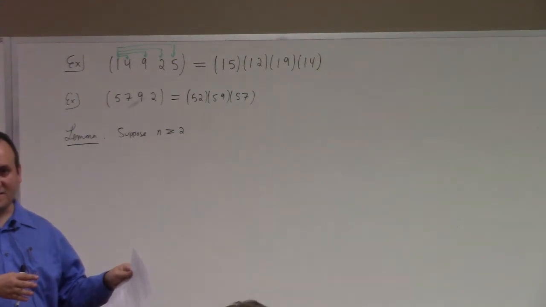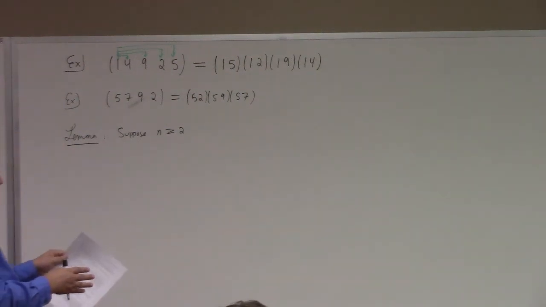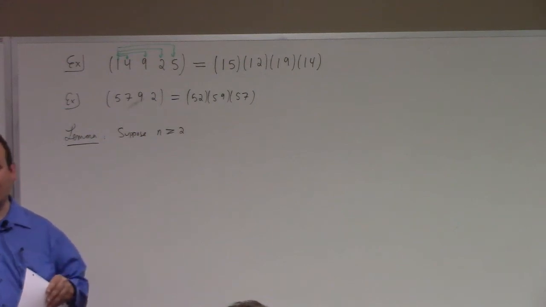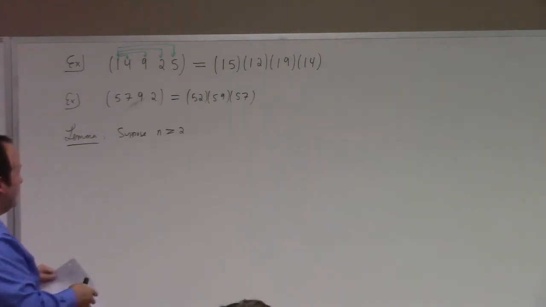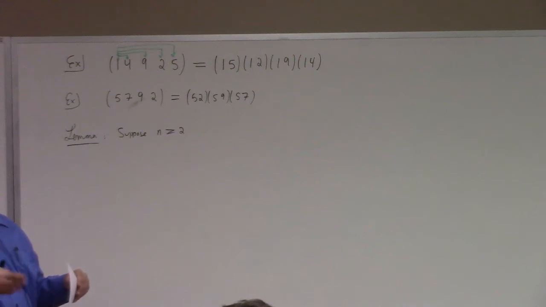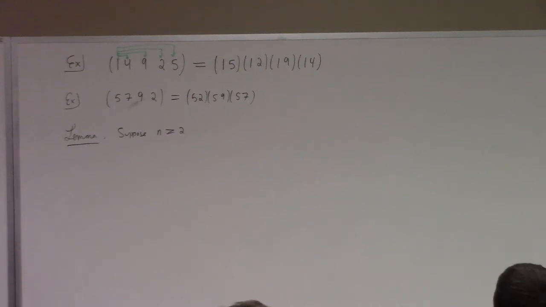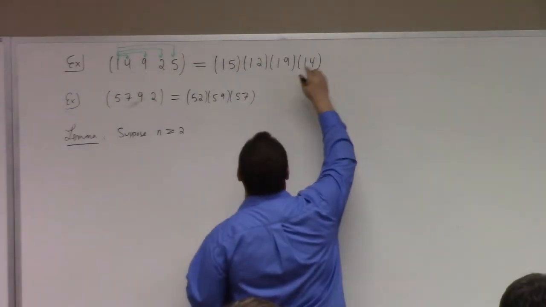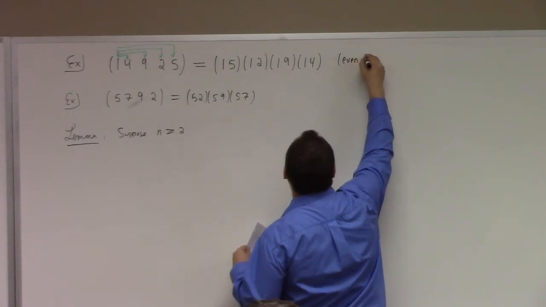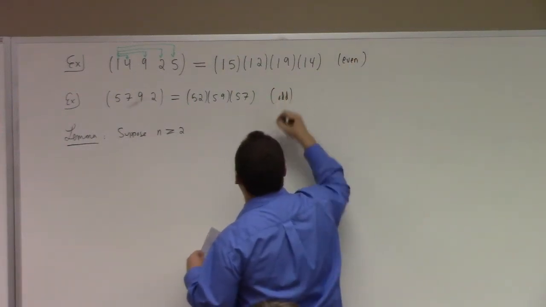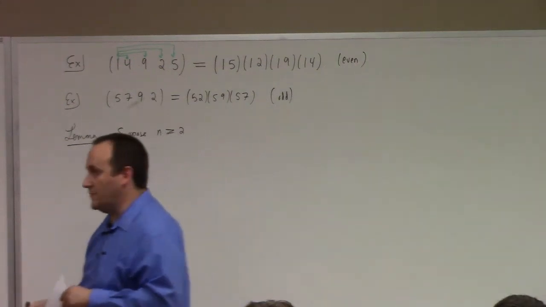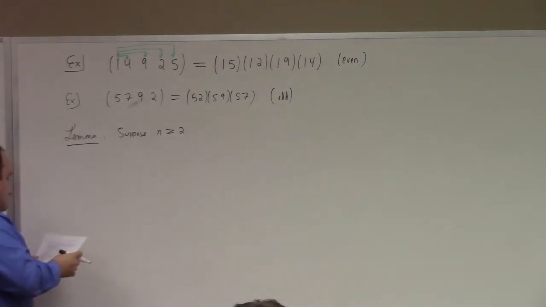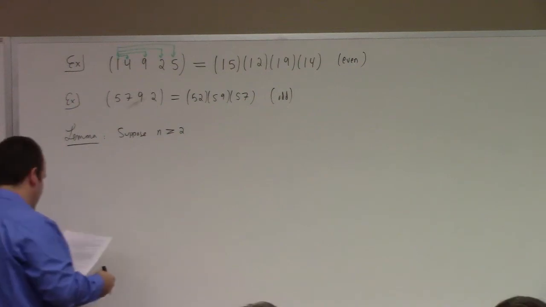It's a somewhat curious fact, but a true thing, that if you have an odd cycle, it's an even permutation. If you have an even numbered cycle, like a 4 cycle or a 2 cycle, it's an odd permutation. The evenness and oddness refers to the number of transpositions which form the permutation, not the cycle length. So we're going to learn soon, this is an even permutation, this is an odd permutation, because even and odd refers to the number of transpositions in the decomposition. Now you made me get ahead of myself. It's a good question, though.